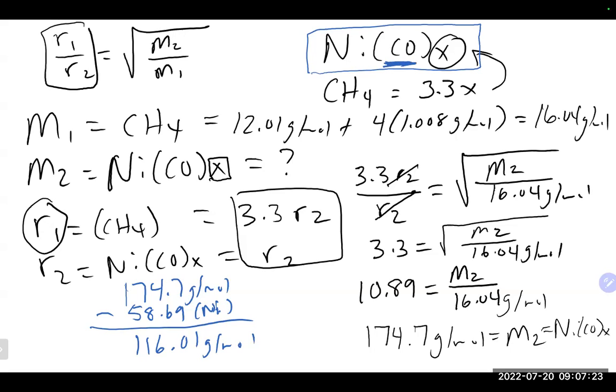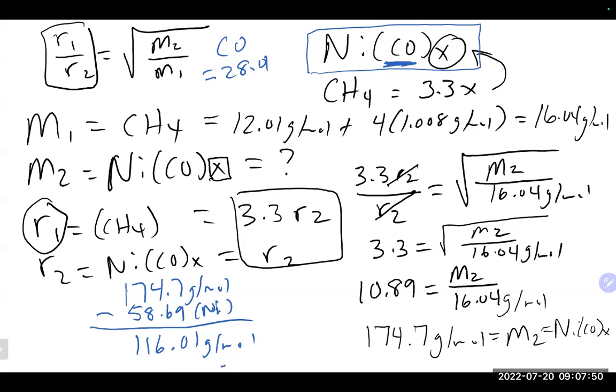That 116 grams is made up of these guys, right? And we know we have so many units of the carbon and oxygen together. Since we know inside the parentheses there's one carbon and one oxygen, if we take the molar mass of both of those together, 12.01 for the carbon plus 16 for the oxygen, every CO unit is equal to 28.01. And we have so many of them, which equals 116.